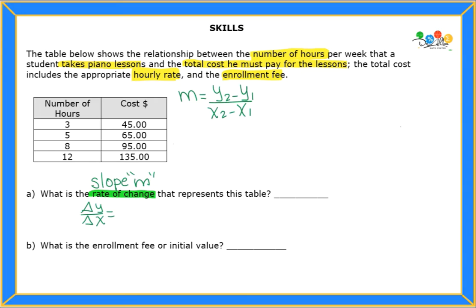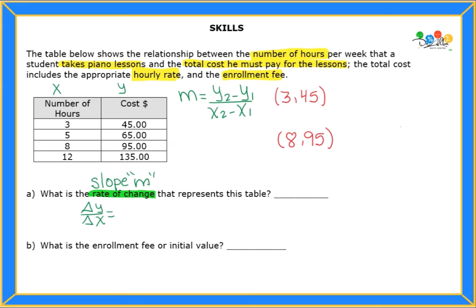Whichever points you want, it would not matter, okay? So the point that I'm going to choose is 3 and 45. Second point is going to be 8 and 95. What I want to do next is write labels here. So the number of hours is my x values and the total cost is my y values.